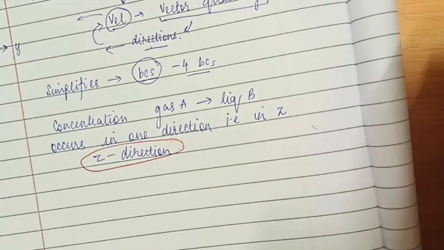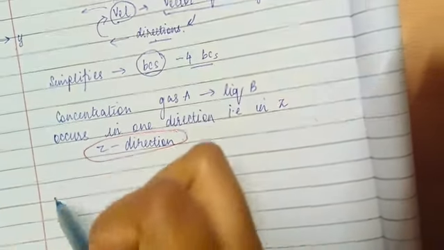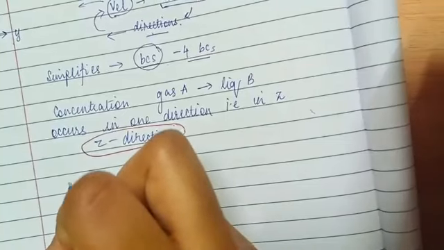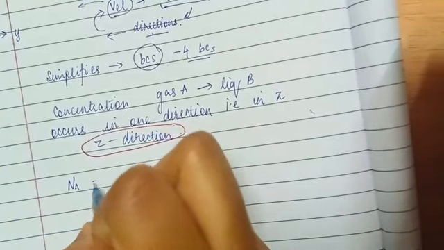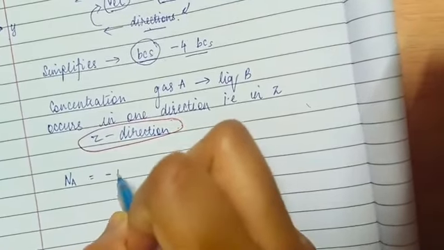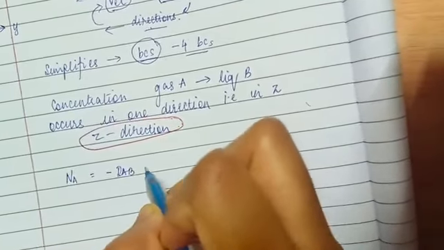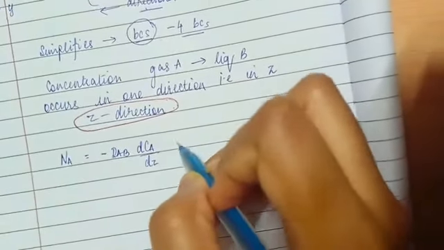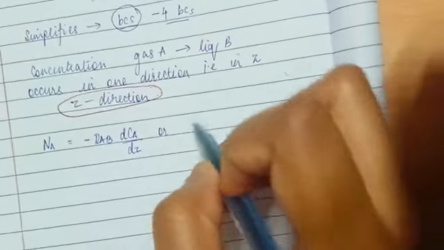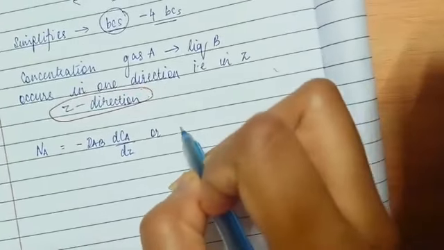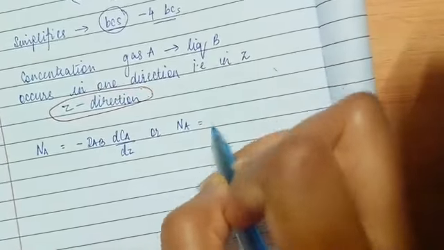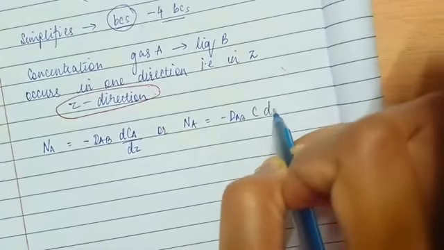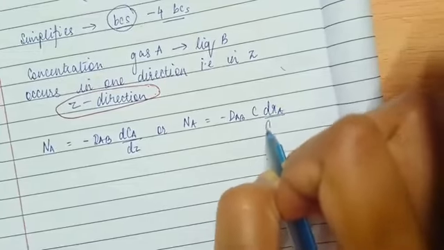So, for example, earlier we had written the molar flux equation to be Na is equal to minus DAB into dCa by dZ. Or if we write it in terms of molar fraction, Na is equal to minus DAB into C into dXa by dZ.